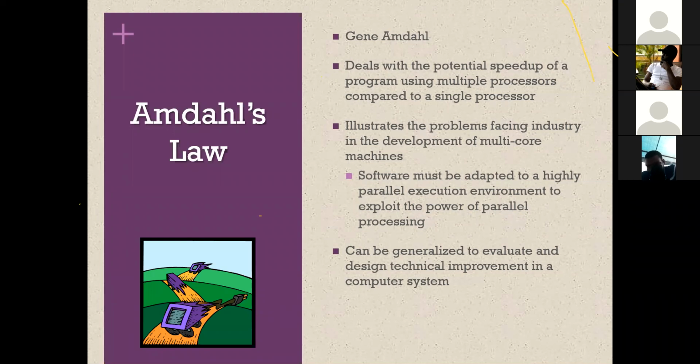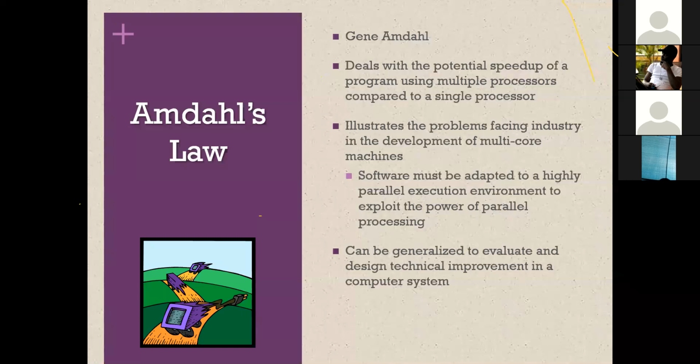Nevertheless, Amdahl's law illustrates the problems facing industry in the development of multi-core machines with an ever-growing number of cores. As you can see, we started with just 2, increased it to 4, 8, 16, and so on and so forth.